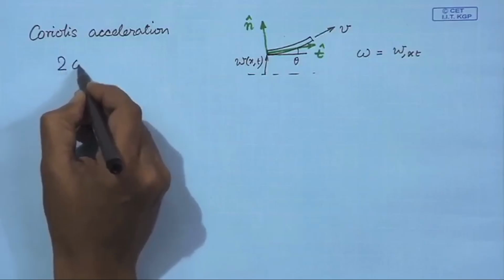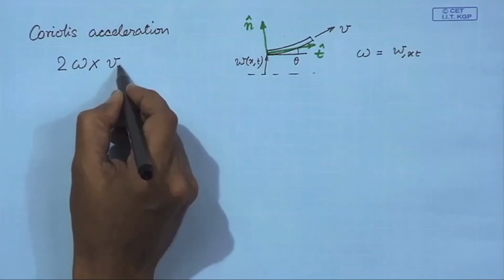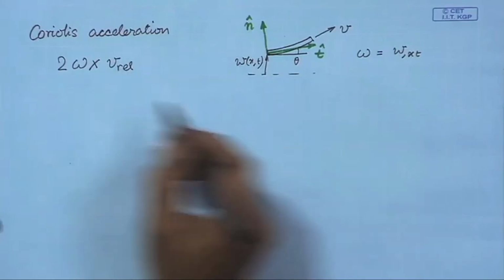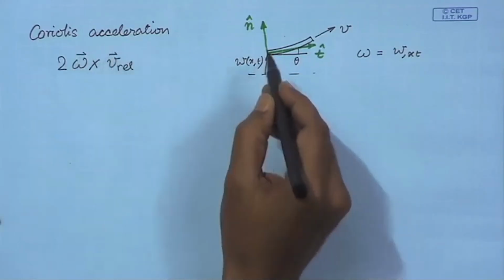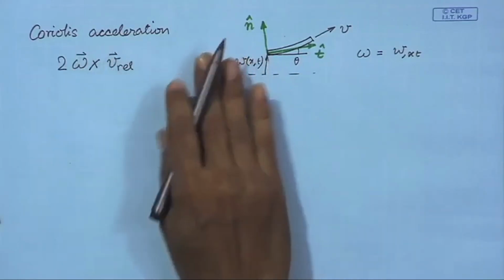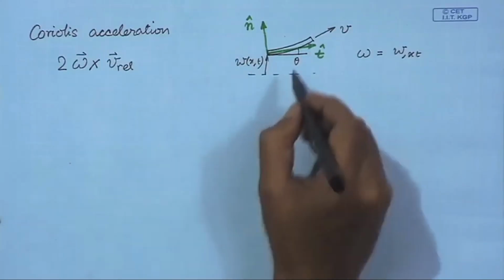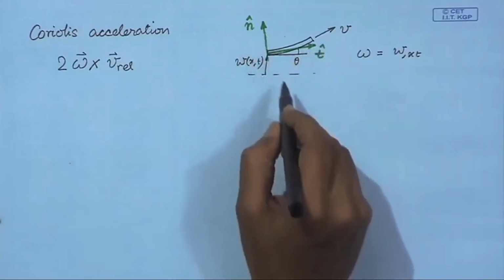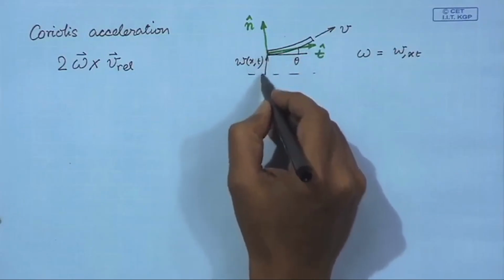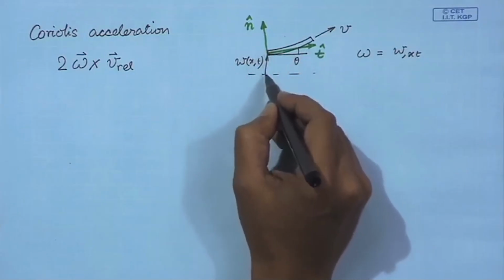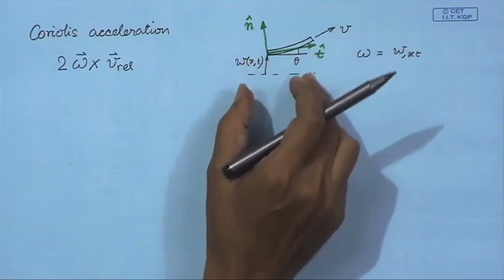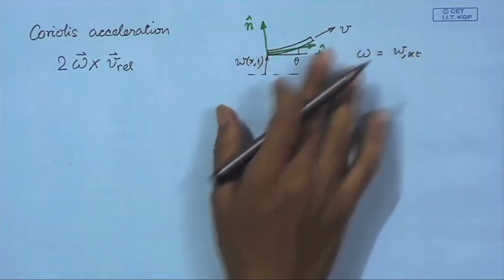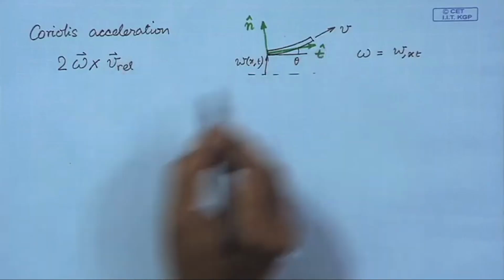Normally we write 2 omega cross v rel. So, omega is a vector which is perpendicular to the plane of this paper, and v rel is the relative velocity with respect to this frame, which is at a location x. So, this frame is only giving the orientation, but it is located at x, it is not moving with the string. So, relative velocity is nothing but v.